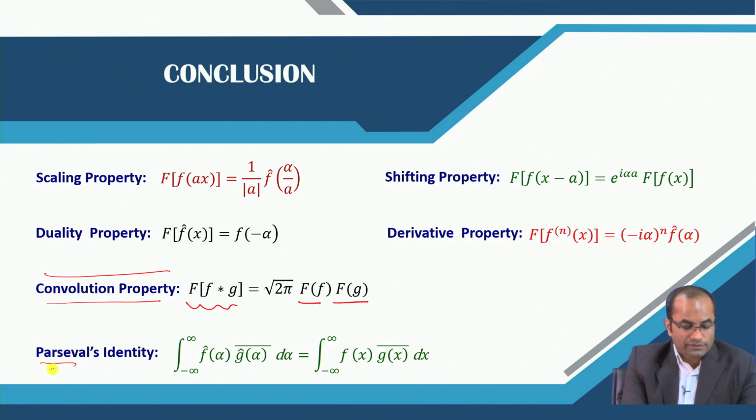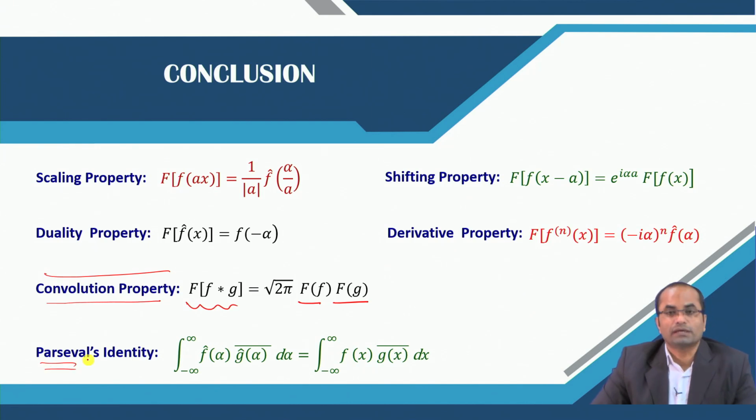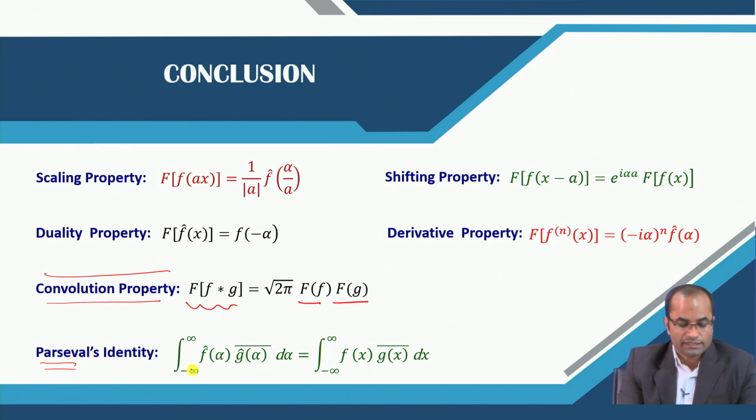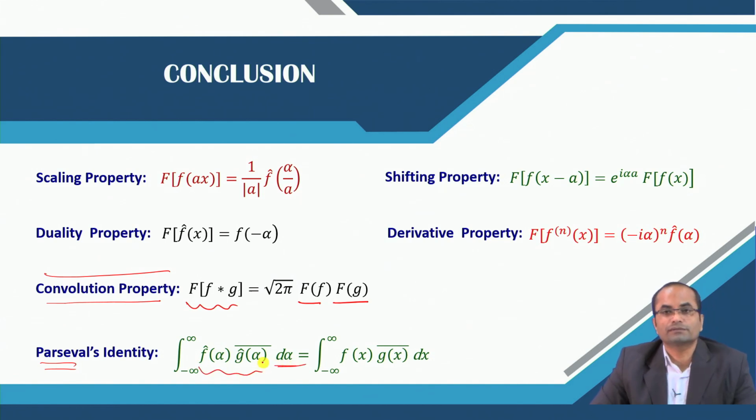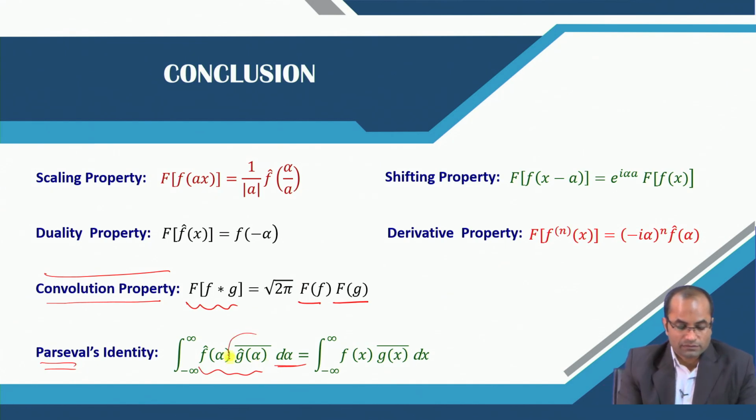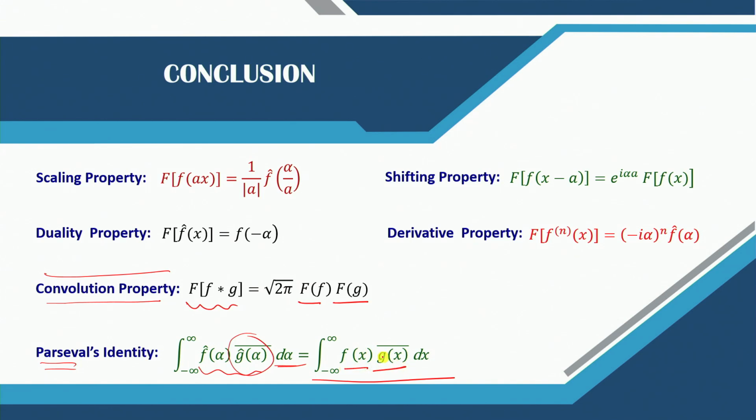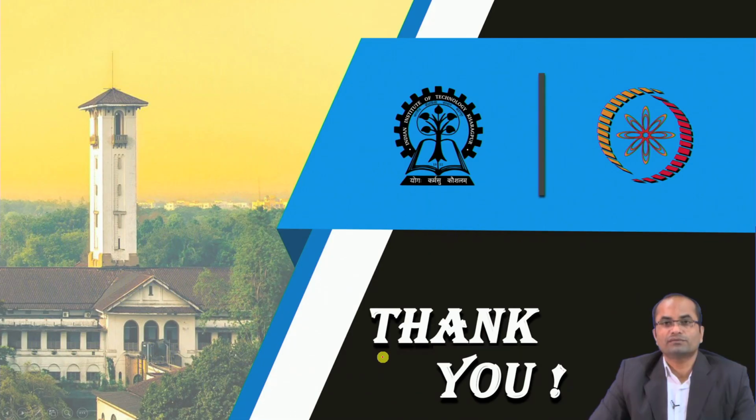And at last we have also seen Parseval's identity, which says that the integral over alpha of the product of the Fourier transform of f and the complex conjugate of the Fourier transform of g is equal to the integral of the product of f(x) and the complex conjugate of g(x). So, that is all for this lecture, and I thank you for your attention.